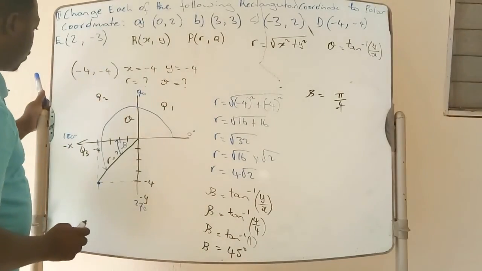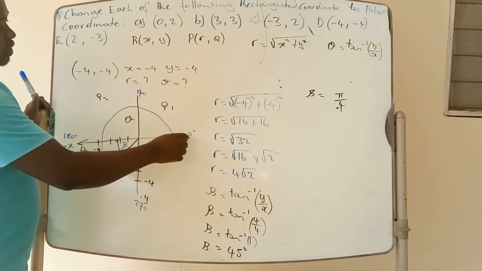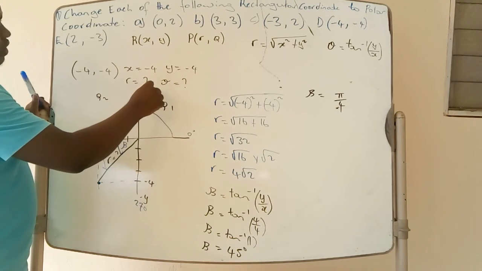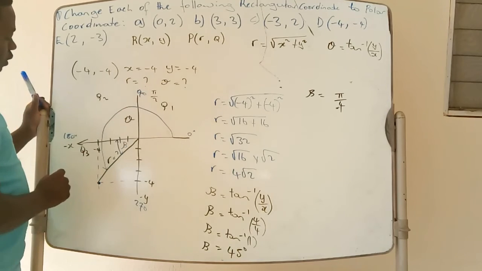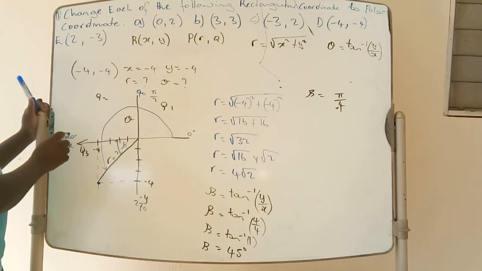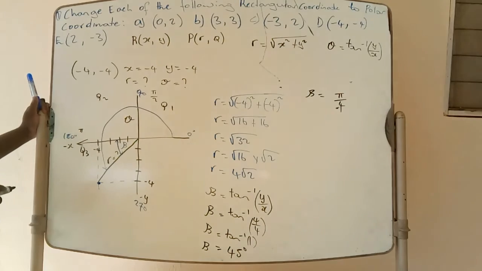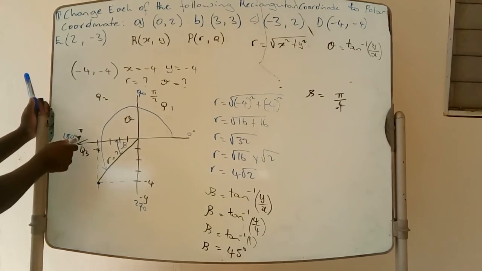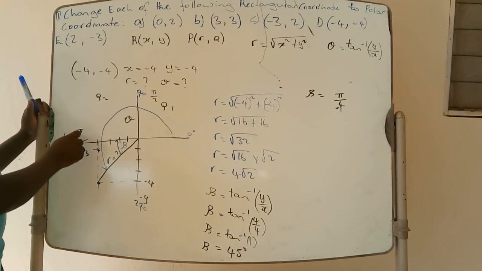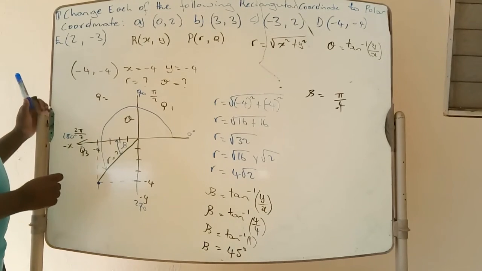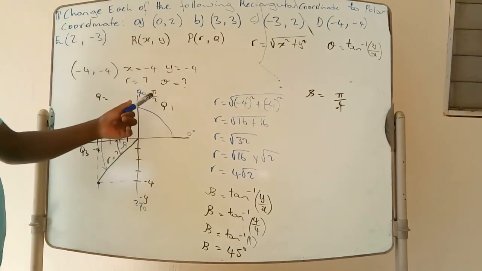Now, we know that here is 0. Where 90 is, this is the same thing as saying pi over 2. Where 180 is, that's the same thing as saying pi, or it's the same thing as saying 2 pi over 2, since we're adding up by pi over 2.